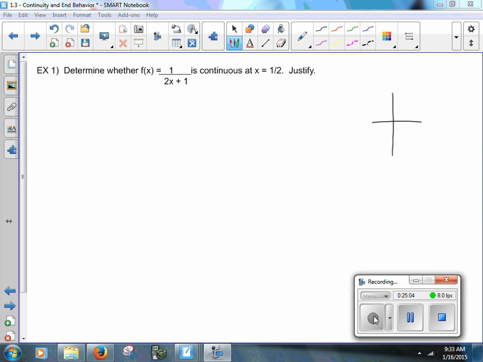If there's a picture and this is 1/2, then there had better be a value there, right? So how am I going to determine if it is continuous when x is equal to 1/2? What does it also have to have? It has to have a y value. Well, how am I going to know if it has a y value?